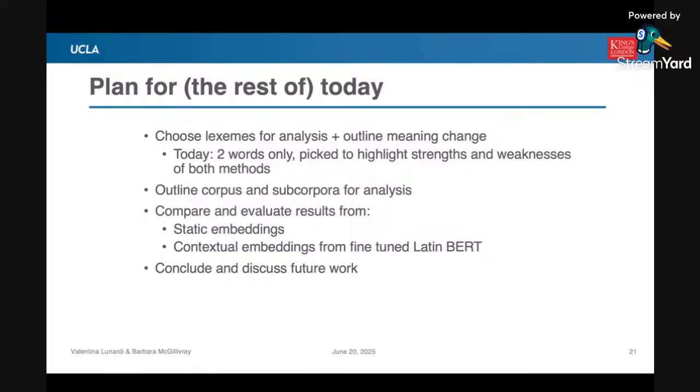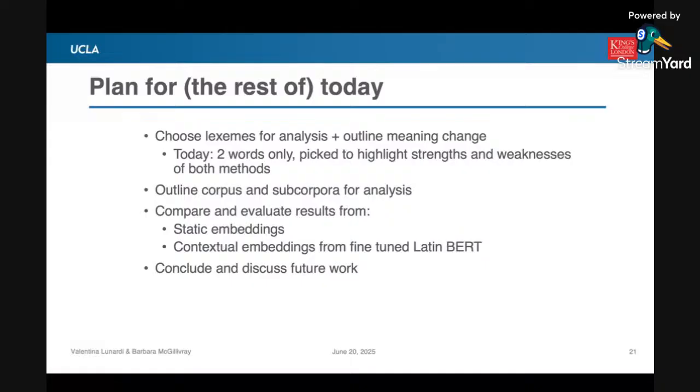But what we're going to do for the rest of today, now that we've got all of the setup and all the background to understand this, is pick a couple of words for analysis that are typically considered Christian or as having undergone some change under the influence of Christianity. We'll talk about the corpus that I used and how I set up the various time slices and subcorpora, and then we'll compare and evaluate results obtained from the two types of embedding models.